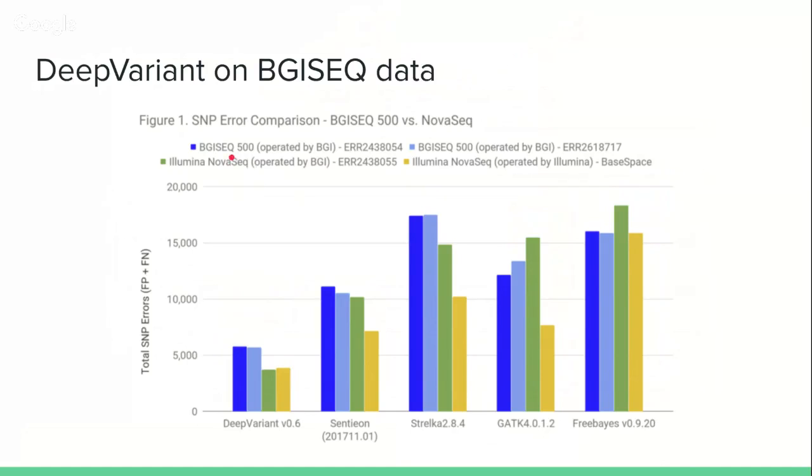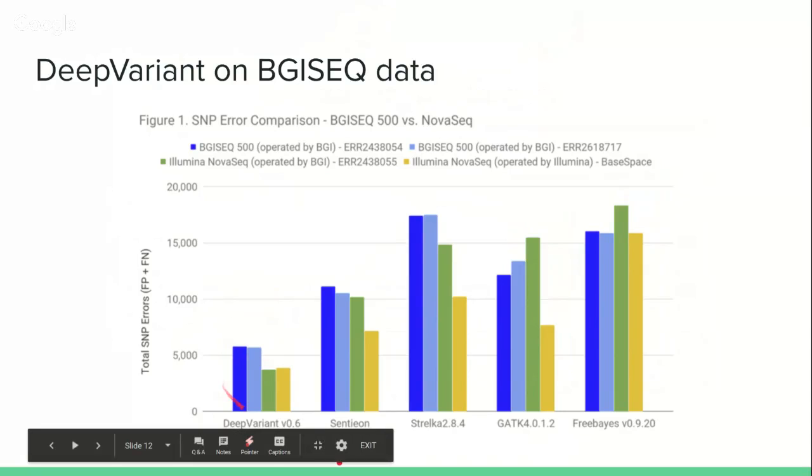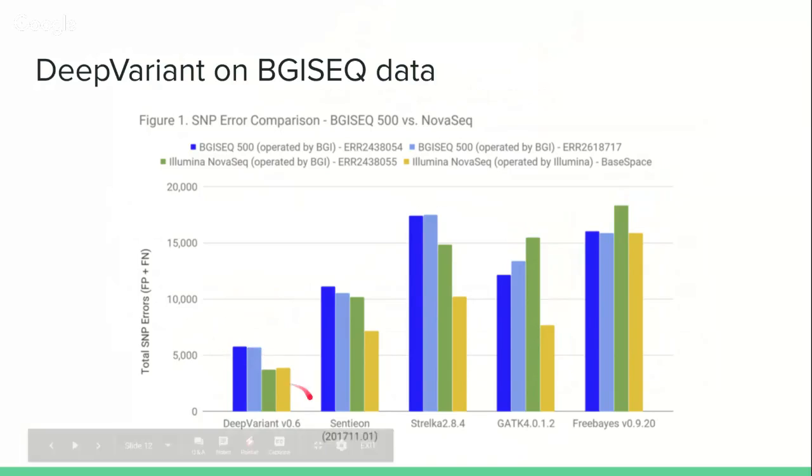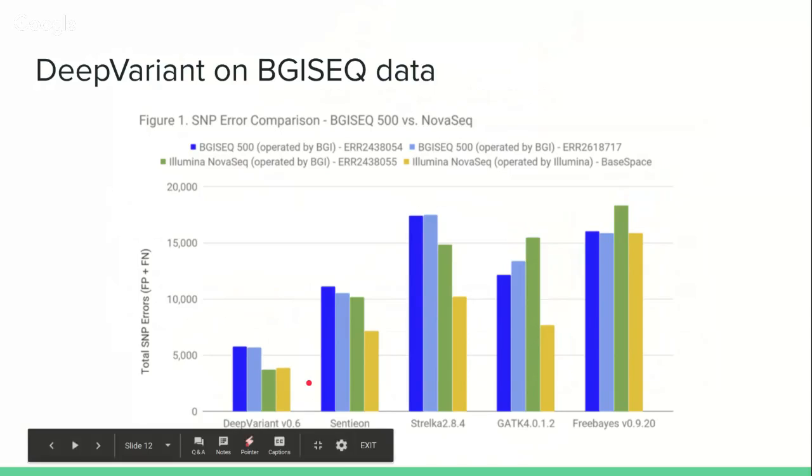For the blue samples, BGI, compared to the greenish samples, Illumina, yes, DeepVariant does very well, better than Sentieon, Strelka, GATK4, the current version of GATK, and FreeBayes. And the BGI technology is a little bit worse here in terms of total number of FPs and FNs, but very comparable to the Illumina technology.